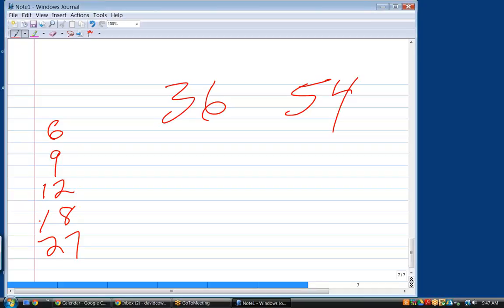So, to figure it out, where are you going to start? 36. Hold on. Here's your choices. When they want the greatest one, why don't we start at the top? That makes more sense because 6 might divide into 36 and it might divide into 54, but that doesn't tell us anything about the others. If we start from the top down, does 27 go into 36? No. Does 18? Yeah. Does 18 go into 54? Yeah. That's it then.